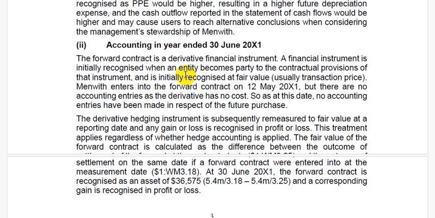For financial instruments, we recognize the financial instrument when an entity becomes a party to the contractual provisions. So MCO entered into this forward contract on 12th May 2021, but there are no entries as the derivative has no costs. So at this date, no accounting entries are made in respect of the future purchase.